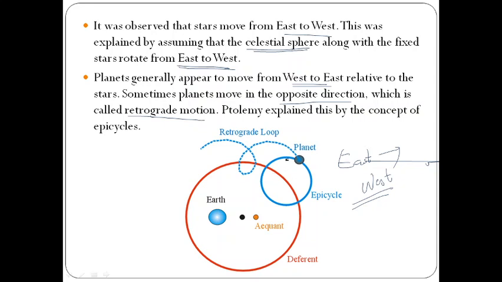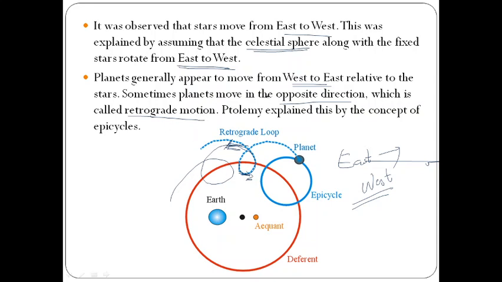So you can see here, if planets are thought to be moving in epicycles, sometimes the planet will be moving backwards and sometimes the planet will be moving forwards, right? So in this motion, there is a backward and a forward motion. And this was used to explain the retrograde motion of planets.